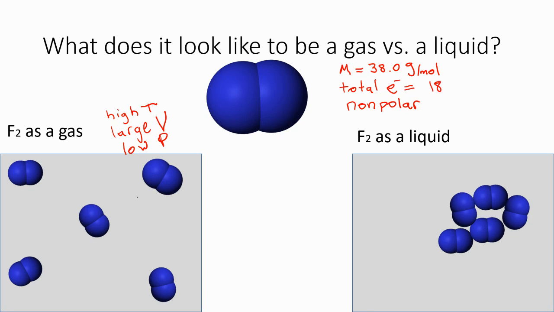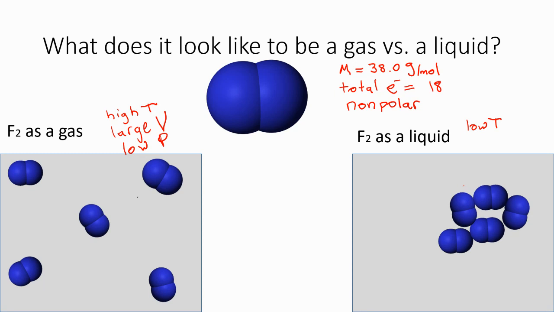Well, the first thing that you want to do is slow them down. And so we would say that in the liquid phase, molecules tend to exist at a much lower temperature. That's because their speed is pretty slow. And you might be able to get them to get closer together if we make sure that the pressure's relatively high. But again, we don't really talk too much about pressure or volume when we talk about a liquid.